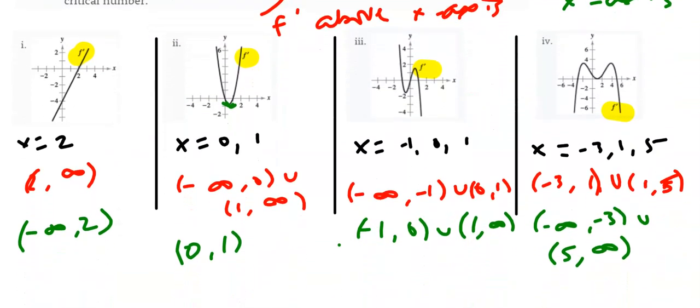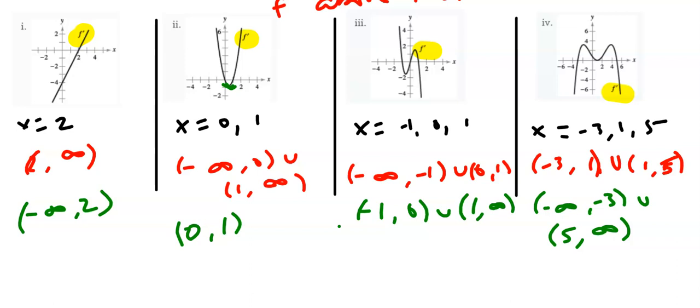Okay, to find max and mins. So wherever f prime changes from positive to negative, I'm going to type this for you guys.